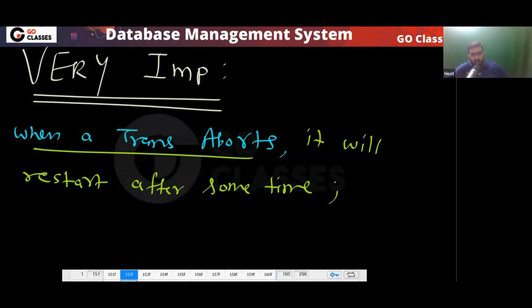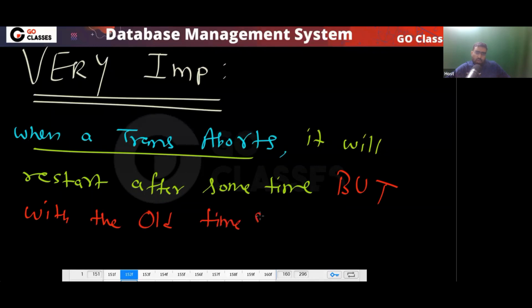When a transaction aborts, it will restart after some time, but with the old timestamp, so that it can have more priority. Yes or no?